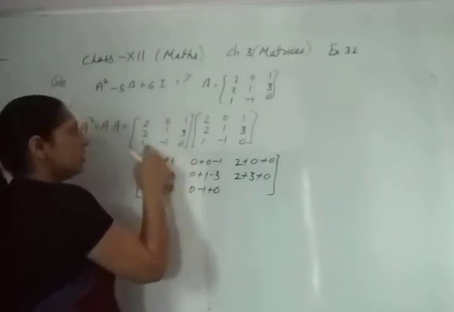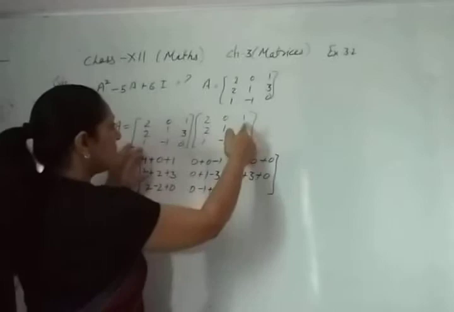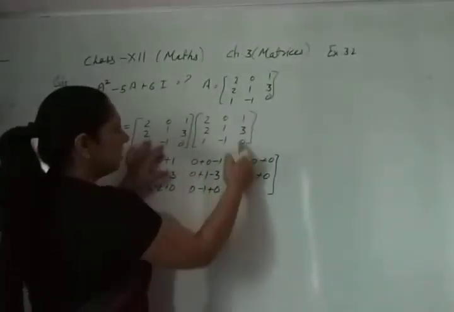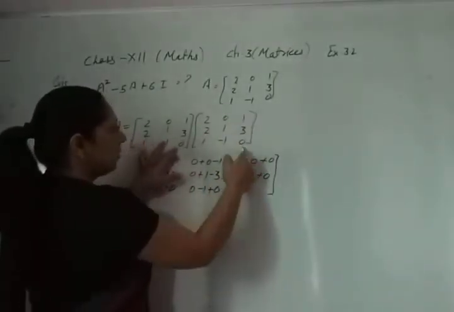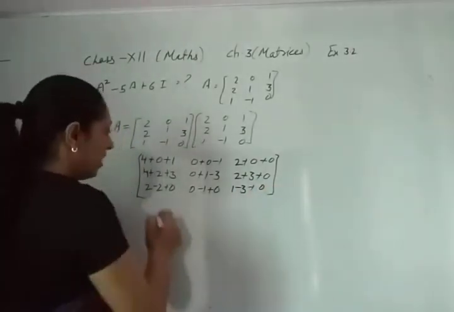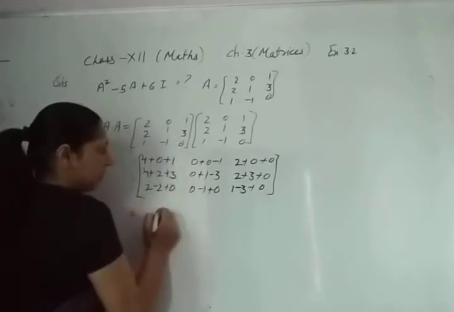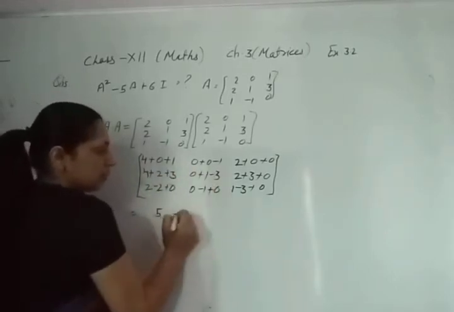Then the last one is third row, third column: 1 into 1, 1, minus 1 into 3, minus 3, plus 0 into 0, 0. So our answer is 4 plus 0 plus 1, that is 5. This is minus 1.